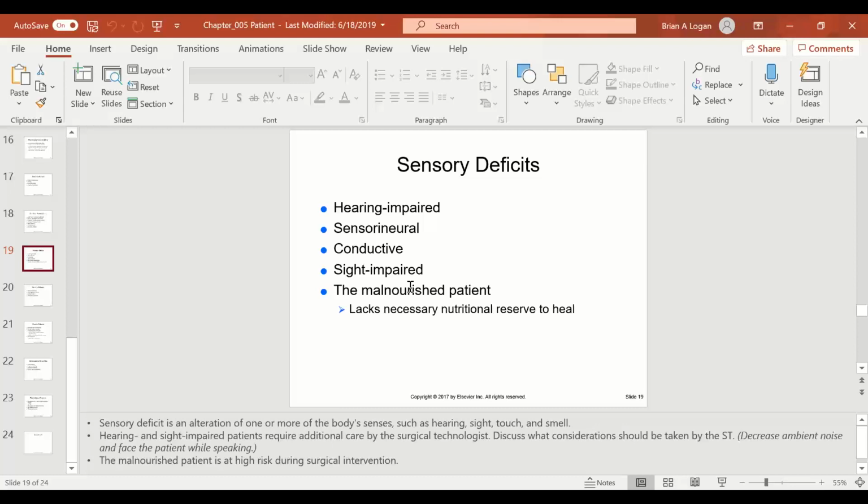With deaf patients, if we have somebody who can do sign language, we try to do that. But most often, what you'll see initially out there is people will raise their voice to them.